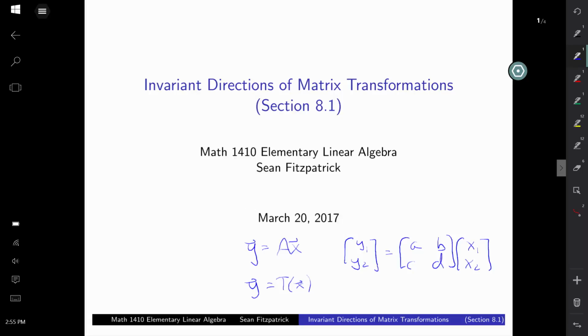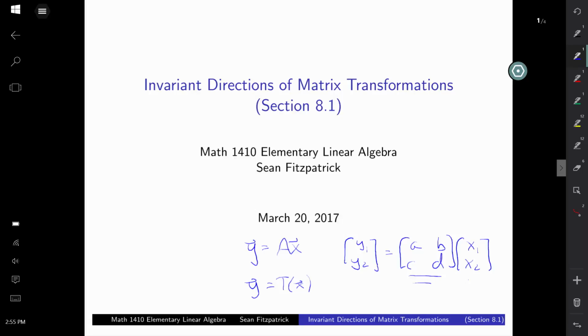And most of the time, it's not so easy. I mean, you can compute it, but just looking at the numbers in the matrix and then looking at the vector that you're putting in, it's hard to predict how the magnitude and direction of the output is going to be related to the magnitude and direction of the input.